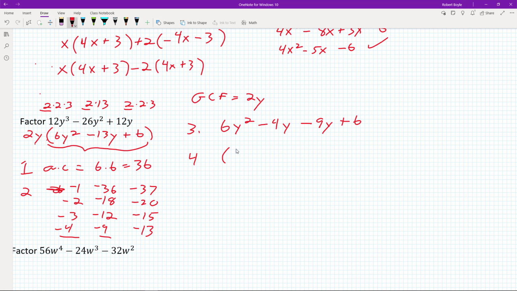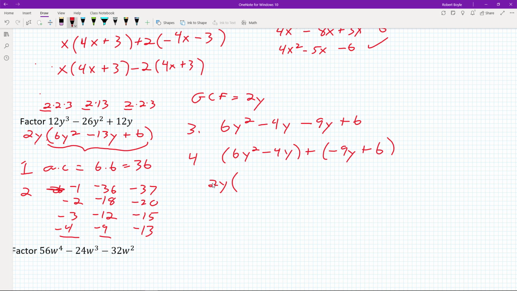So here we have 6y squared minus 4y, and then over here we have plus negative 9y plus 6. Here we have a common factor of 2 and a y. So here we can factor out a 2y.